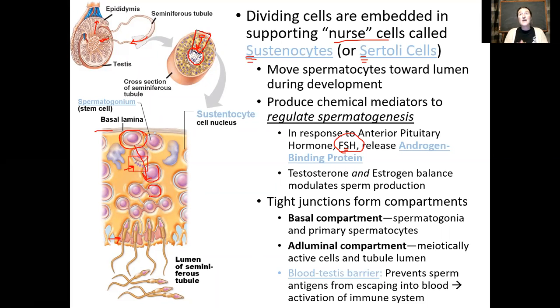And at that point, the immune system cells can recognize self cells as opposed to these developing non-self cells. Okay, it's a little bit different in a female because she actually starts meiosis before puberty. She starts it in utero, actually. Okay, so this blood-testis barrier is really important in preventing the destruction by your own immune system of developing sperm.